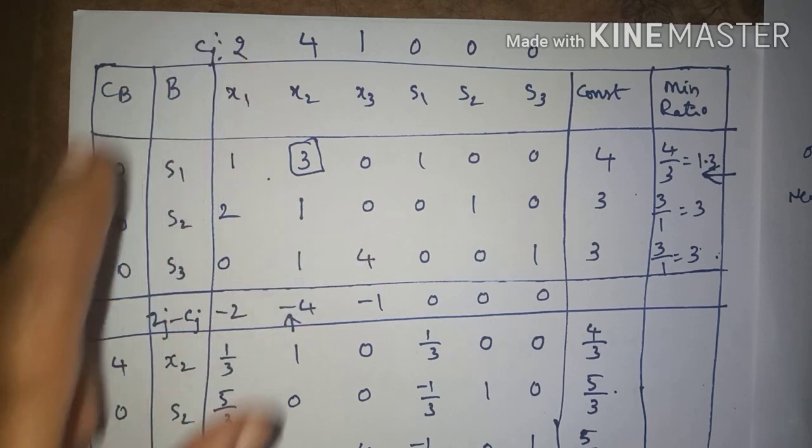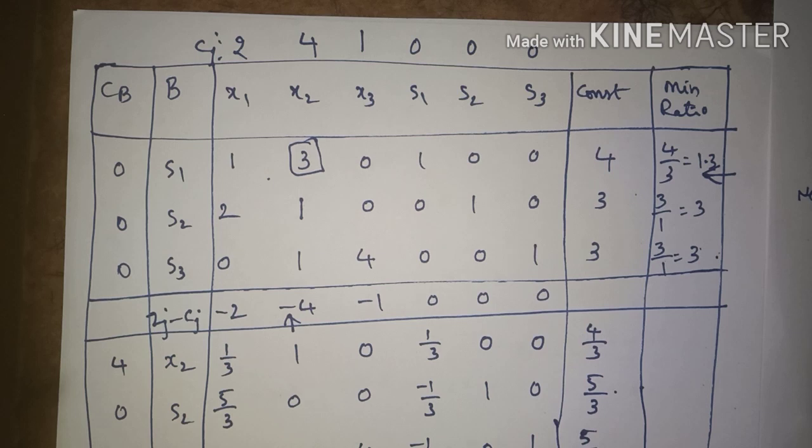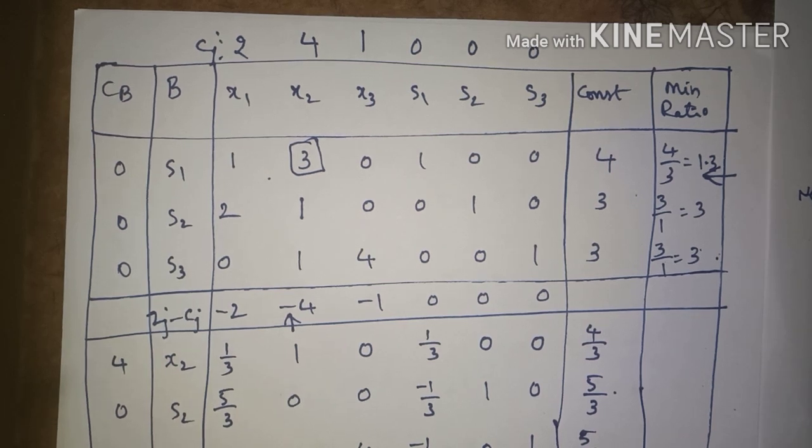We do 4 into 1 by 3 plus 0 into 5 by 3 plus 0 into minus 1 by 3 minus 2. How much do you get? 4 into 1 by 3 is 4 by 3 minus 2. 4 by 3 minus 2, LCM is 3, 4 minus 6, which is minus 2 by 3. Here you get minus 2 by 3.